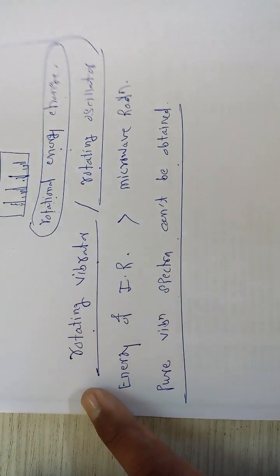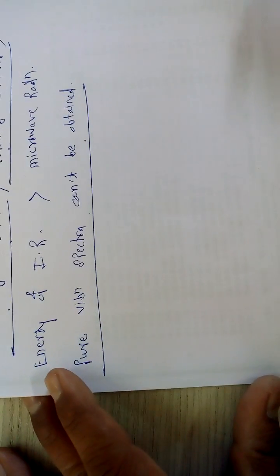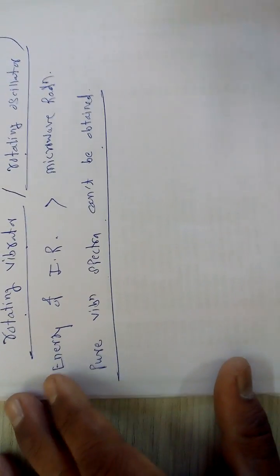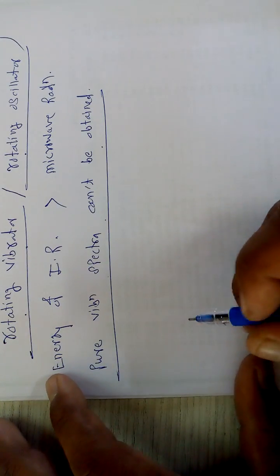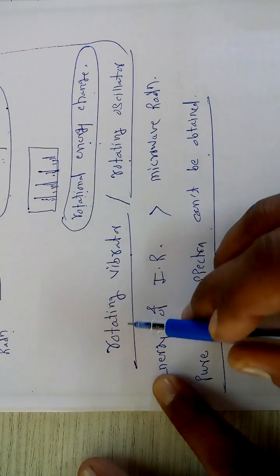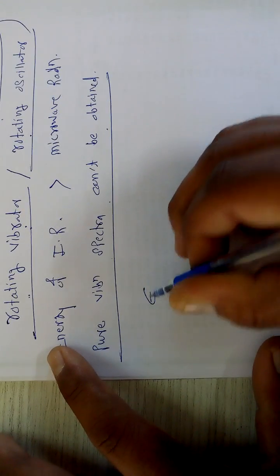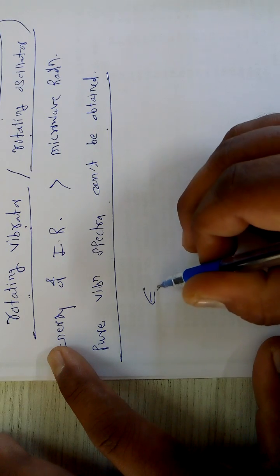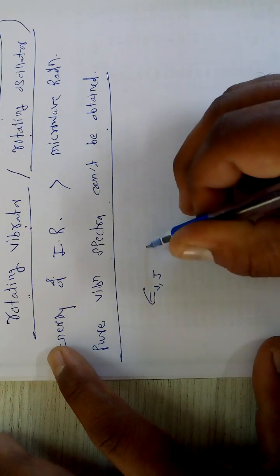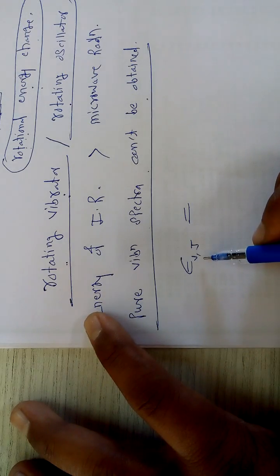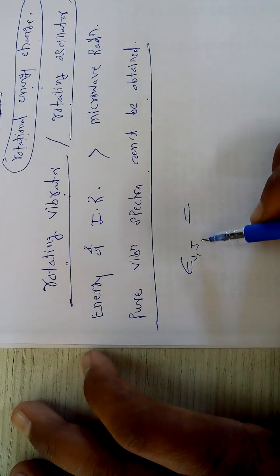And under such a situation, if we want to calculate the total energy of this type of rotating vibrator, then that energy is epsilon v comma j. Here v stands for vibrational quantum number and j stands for rotational quantum number.